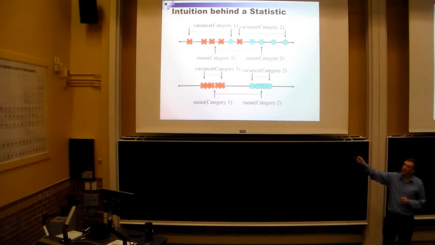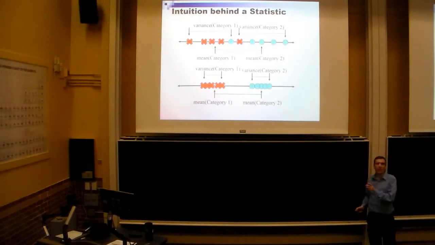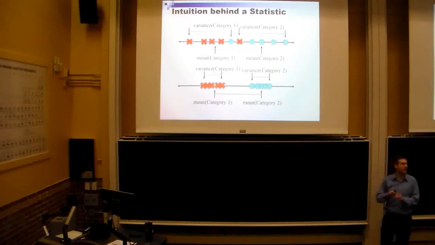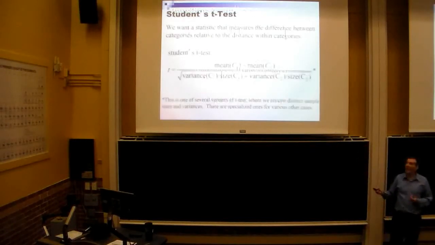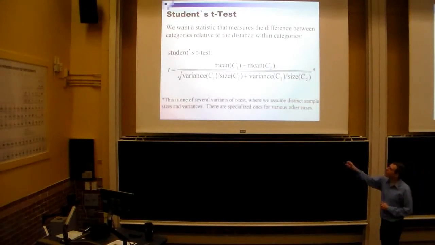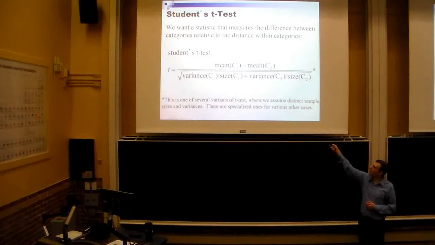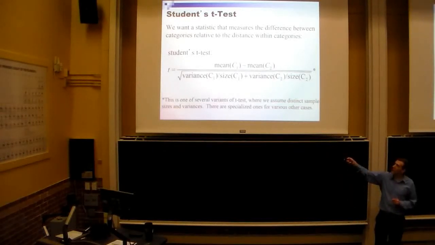So in that case, we have this same intuition: if we're looking at a SNP with two alleles and we want to reject the hypothesis that a quantitative trait is not associated with those alleles, what we would use is a t-test. A t-test is the simplest way of doing this, and it captures exactly that intuition, that we are trying to look at the difference between the means of the two categories and see if that's large relative to the variances within the categories.